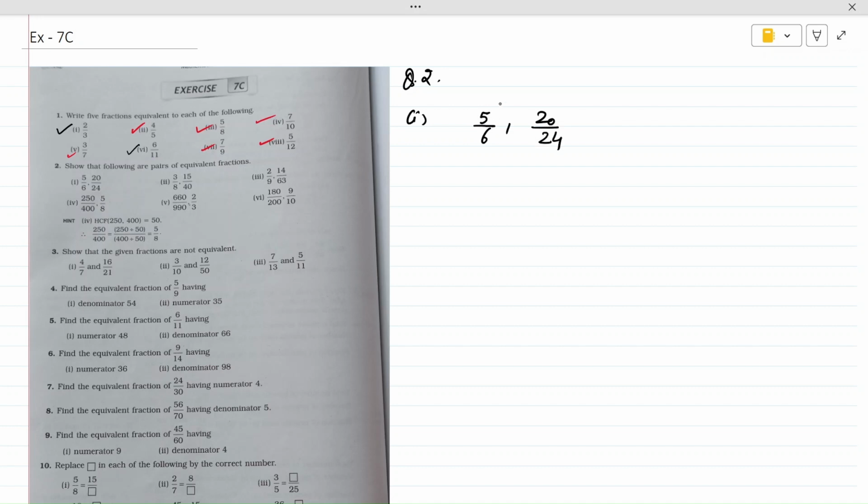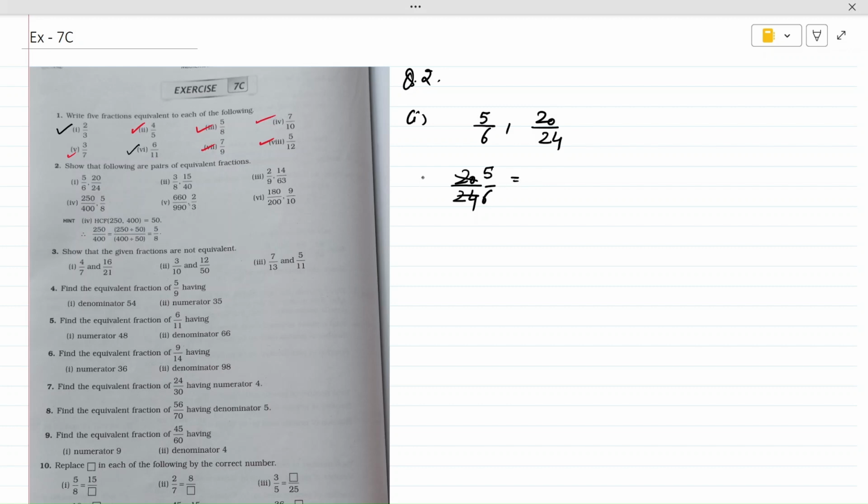If you see 5 by 6, this is the simplest form. It cannot be reduced further. So we are going to pick 20 by 24 and find a number which is a factor of both the numbers, such that it divides both completely. 4 is one number. 4 into 5 is 20, 4 into 6 is 24.